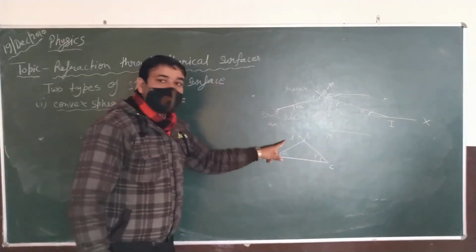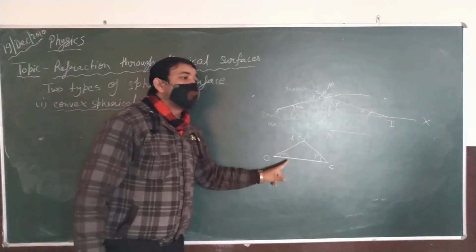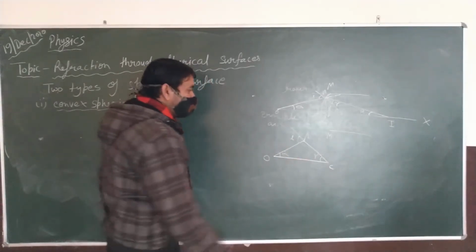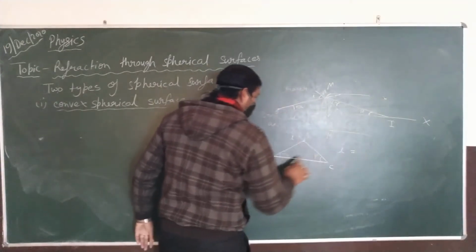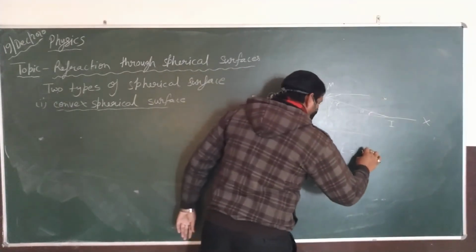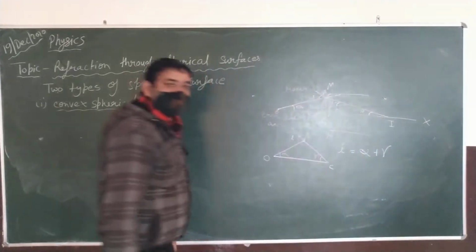Now you will calculate by the exterior angle property of a triangle, that the exterior angle is the sum of the opposite interior angles, the value of angle i. So angle i is equal to alpha plus gamma. It is clear?